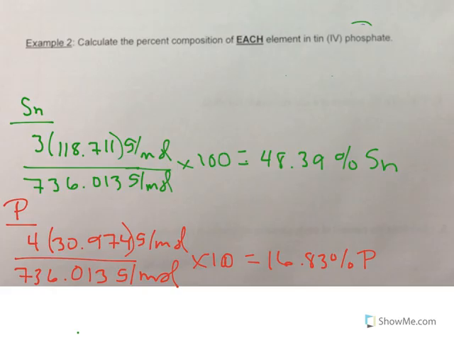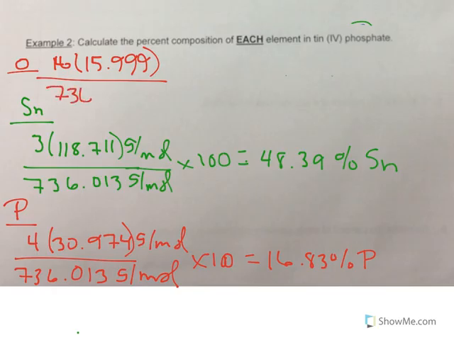And I'll do the oxygen up here. Okay, for the oxygen we had 16 times the mass of oxygen, which was 15.999, divided by our molar mass of the compound, which was 736.013. This is grams per mole, this is grams per mole, times 100.